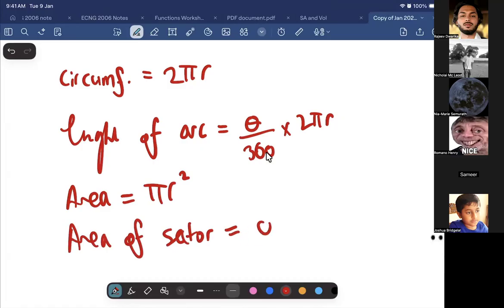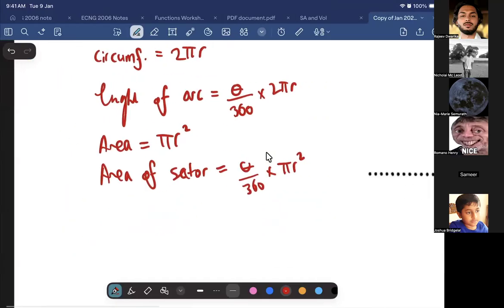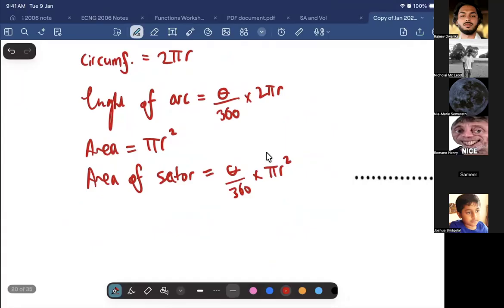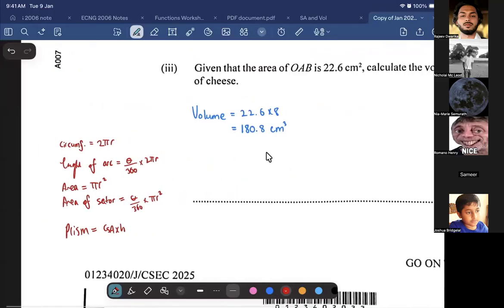Theta over 360 multiplied by 2 pi r? No, pi r squared, because the area of the sector is just a fraction of the area of the whole circle. So theta over 360 by pi r squared. And how do you find the volume of a prism? The cross section by the height. Nice.